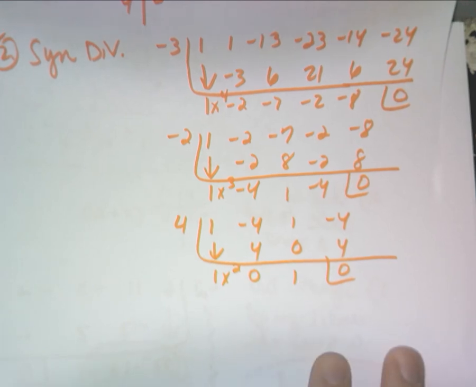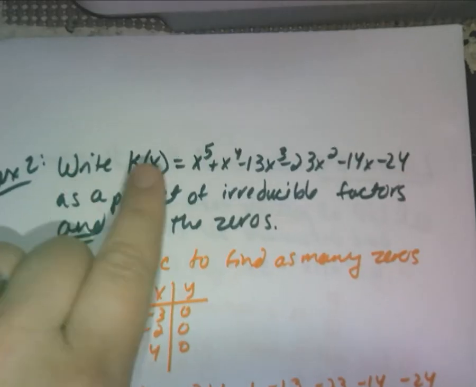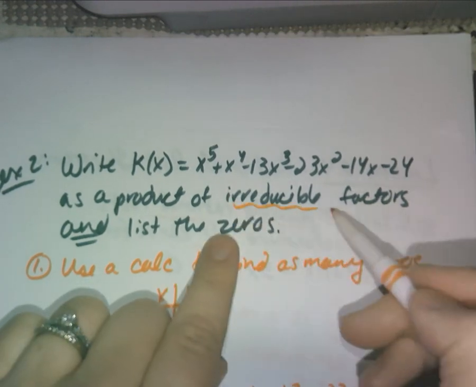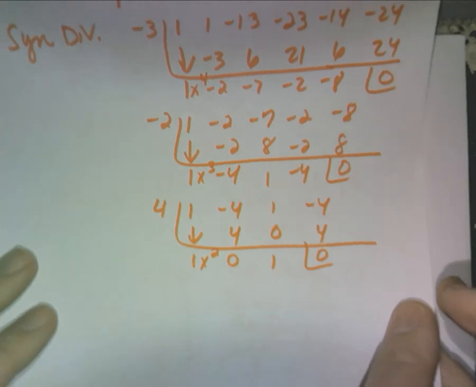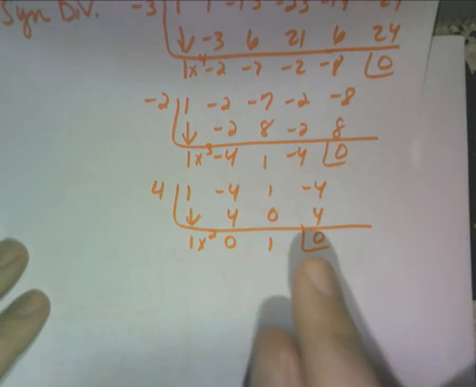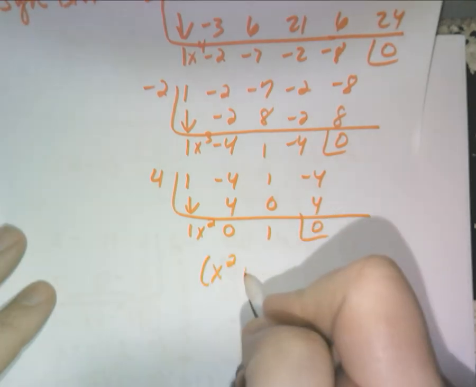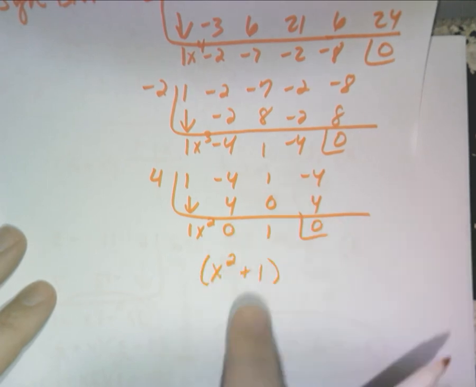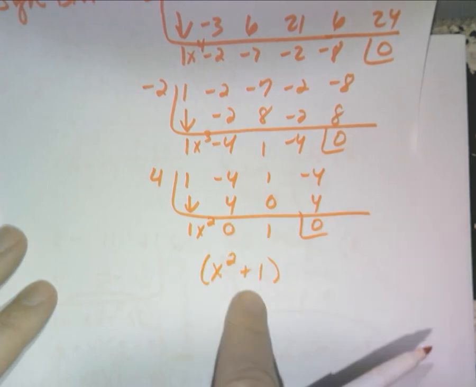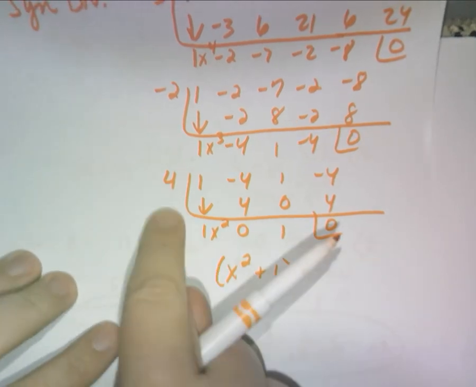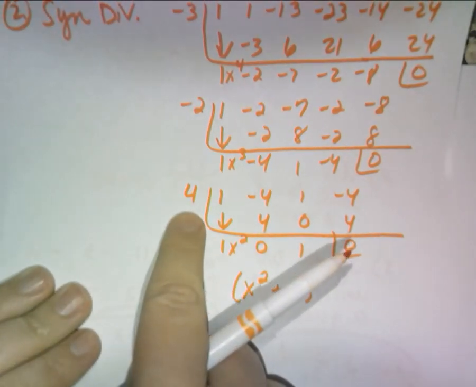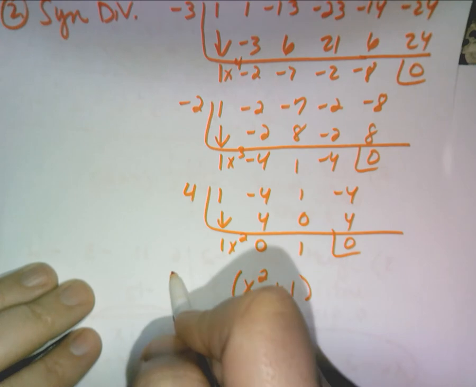Okay, now what does this mean? Again, go back to the directions. They said, write this as a product of irreducible factors. All that means is write it in a factored way. Well, here's the factored way. This factor right here is x squared plus 1, right? Can that be reduced anymore? No. If it was x squared minus 1, it could. But then what you divided by could also be written as a factor. How do you write that?